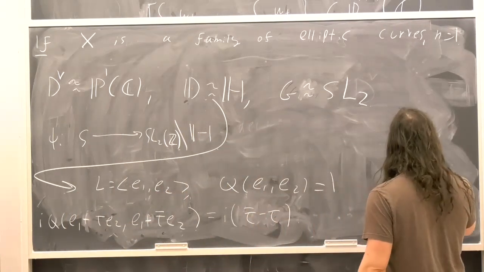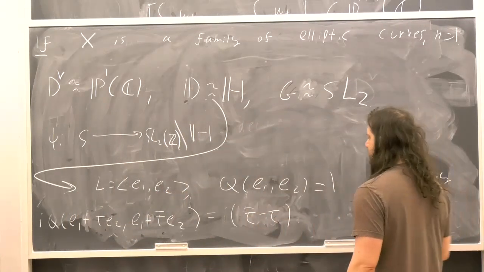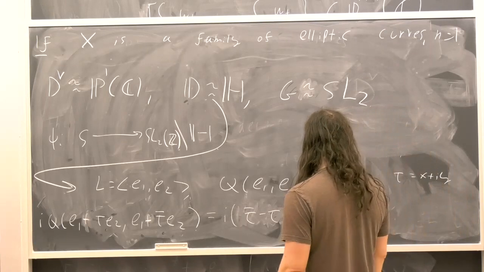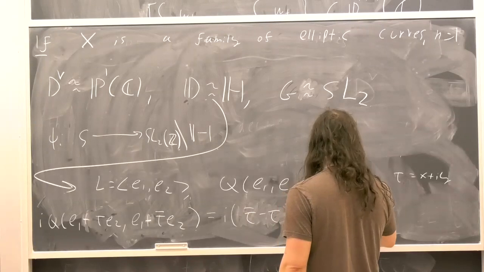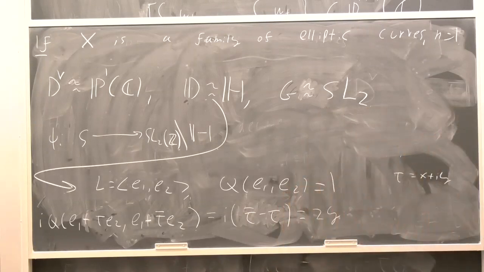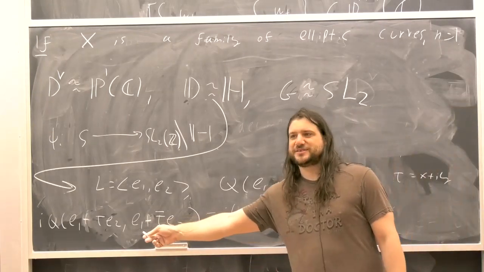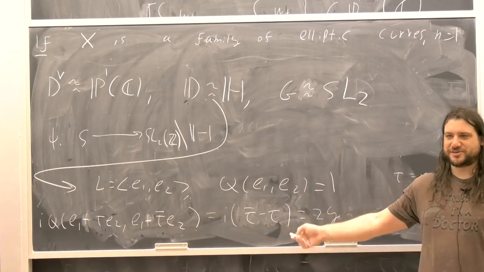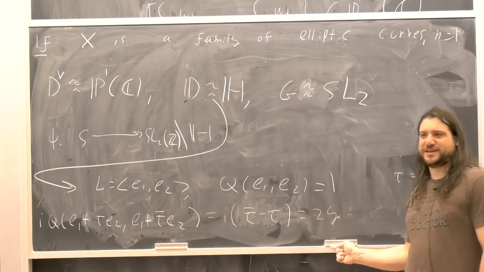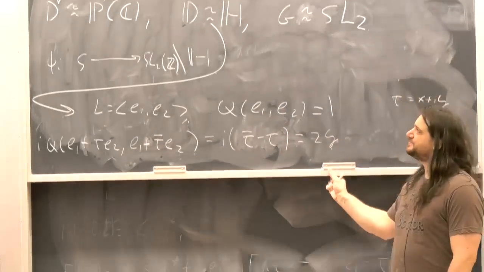And so if tau is x plus iy, what we get here is twice y. And so the condition is that this is positive, and that translates to y being bigger than 0. So D is naturally the upper half plane with this interpretation.